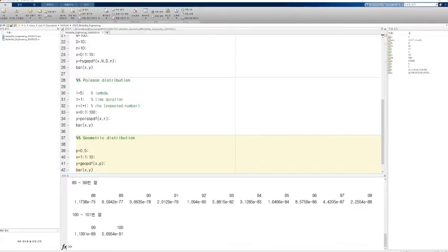Maybe later we need to check that. The distribution we are utilizing, I mean the form of distribution, is somewhat different.